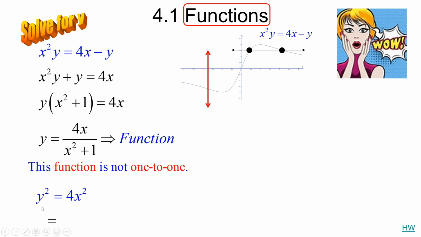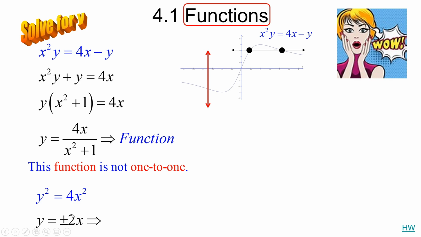So the square root of y squared is y equals, and now I'll take the square root of each term here. The square root of 4 is a 2. Oh, and don't forget your positive and negative roots here, and the square root of x squared is x. So taking the square root of both sides, I get y equals plus 2x or minus 2x.